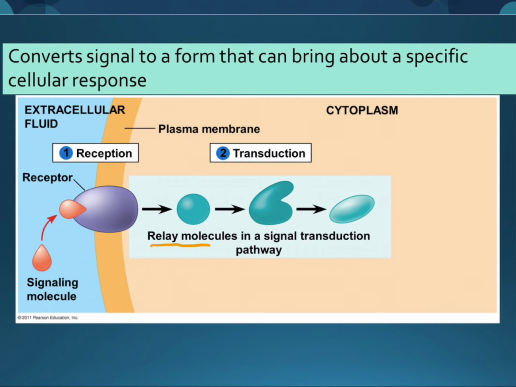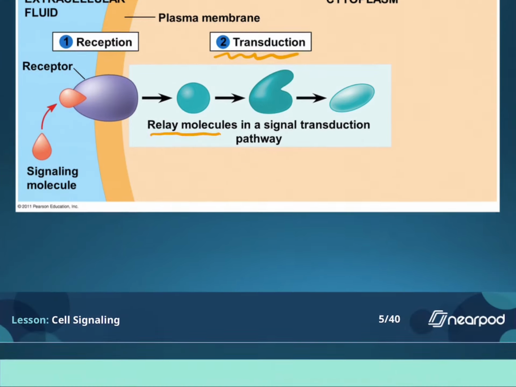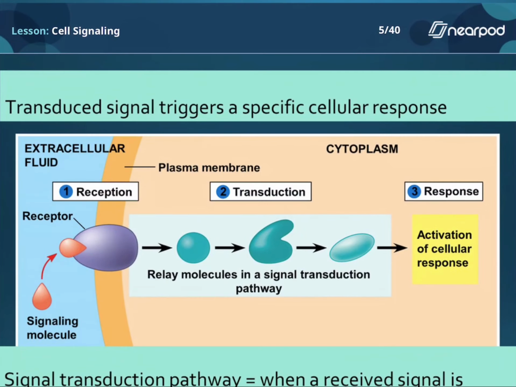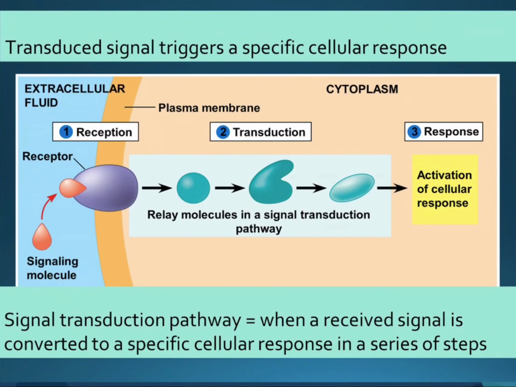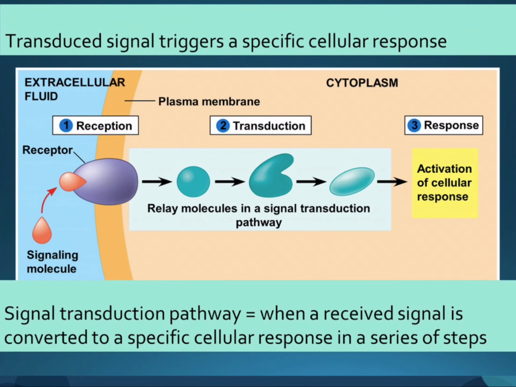We have relay molecules in a signal transduction pathway. That's transduction, and it happens because the signaling molecule attached to the receptor. That transduced signal then triggers a specific cellular response, which is activation of a cellular response. We'll get into more specifics of that in a little bit.